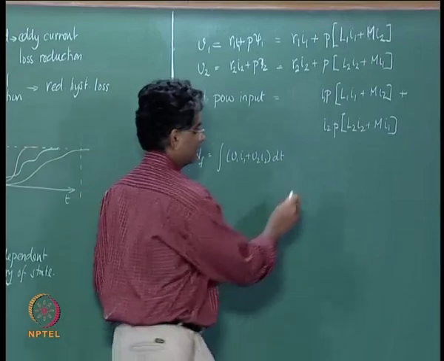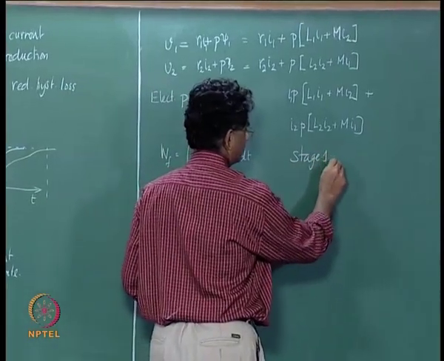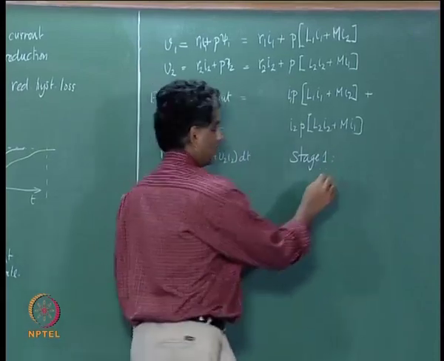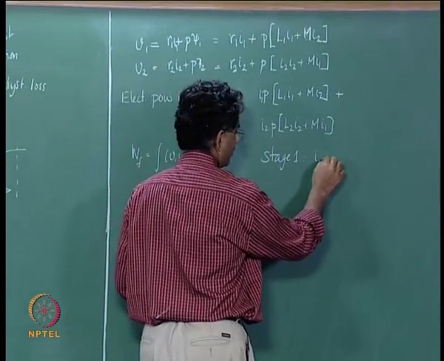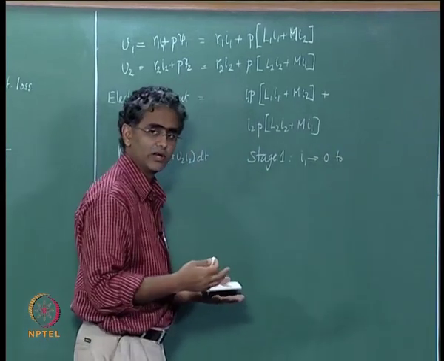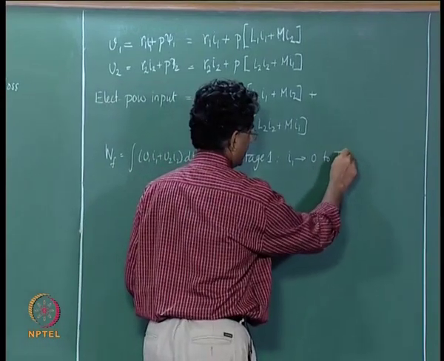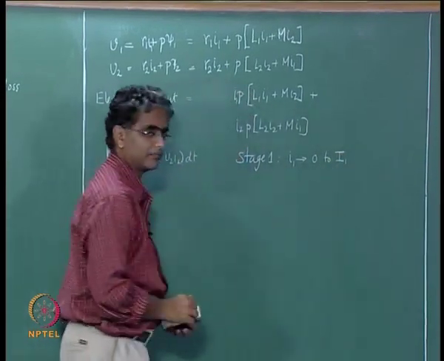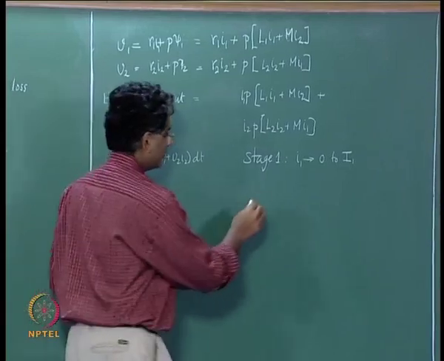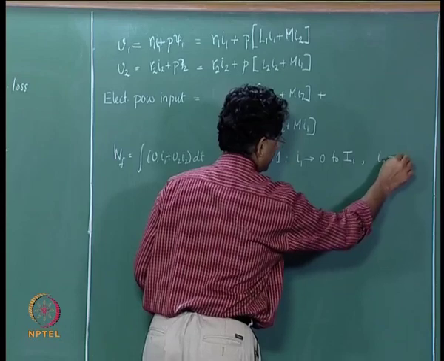In stage 1, we allow I1 to go from 0 to the value that we are interested in, let me call that I1, and I2 is held equal to 0.